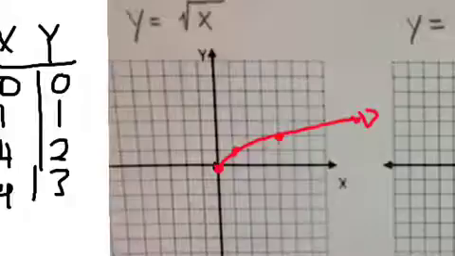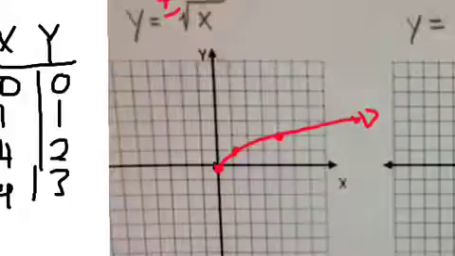Now, remember that with a square root, you can have a plus or minus answer. Generally we are just looking at the graph that you see right there in front of you. But if we were to do the negative as well, then you would have the negative answers for these.